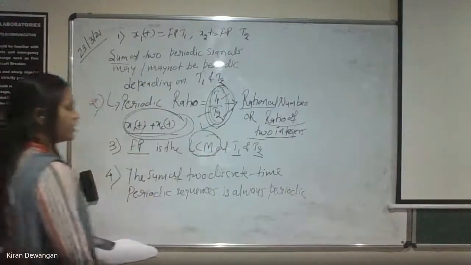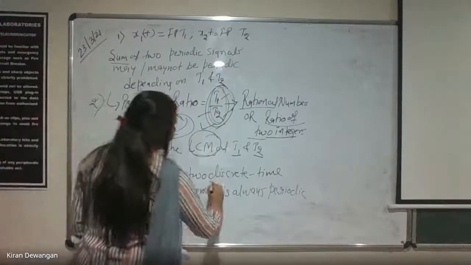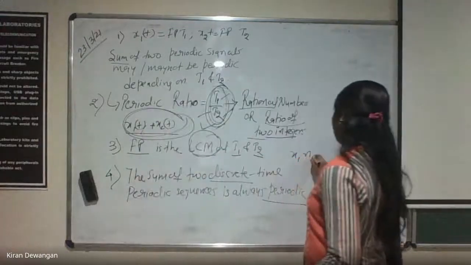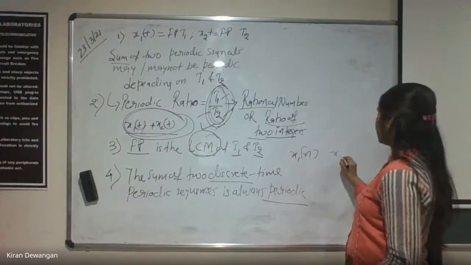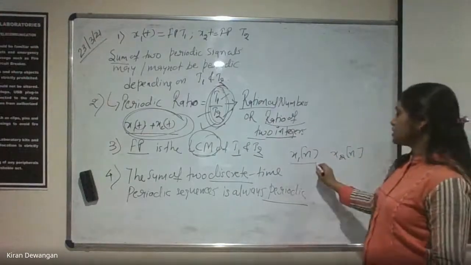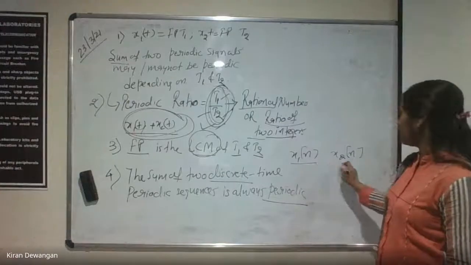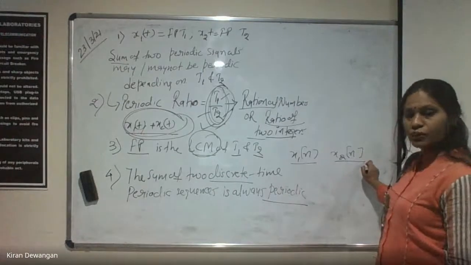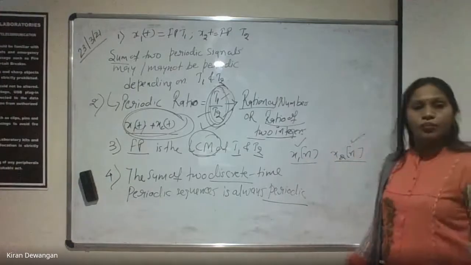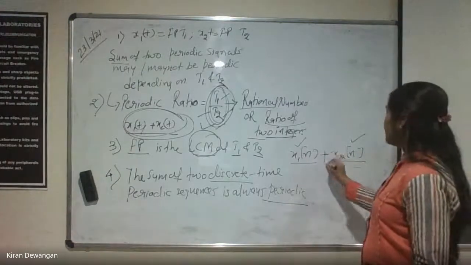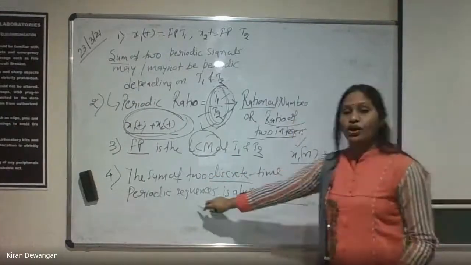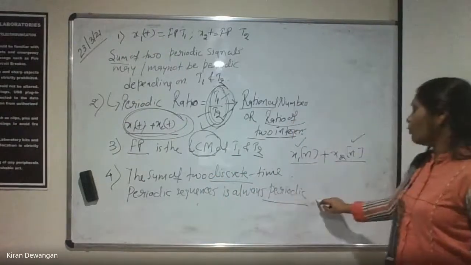Okay, so what it is saying in terms of discrete: if we have x1[n] and x2[n], both are periodic. This is my first sequence x1[n], this is my second sequence x2[n], and both are periodic. Then if I add these two, the sum of two discrete time periodic sequences is always periodic.